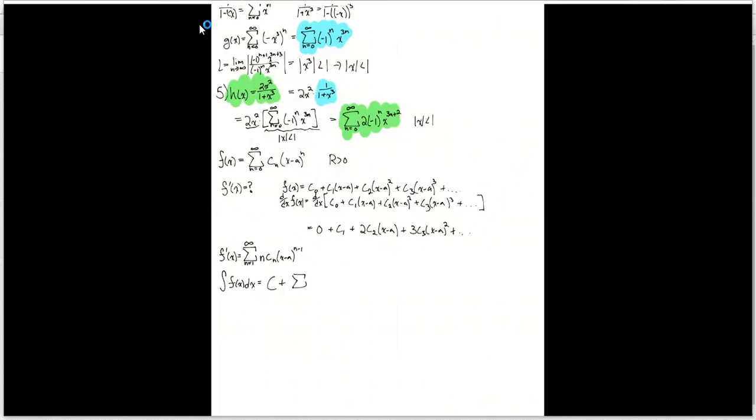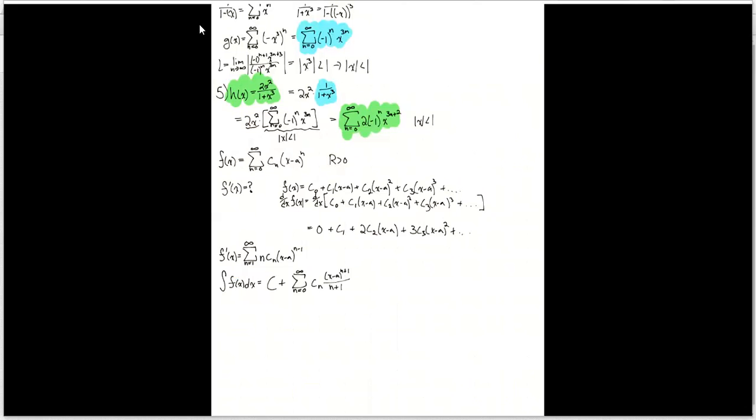Now the sum, n equals 0 to infinity, our cn's, (x minus a) to the n plus 1. And then on the bottom, we're going to have n plus 1, right? And now this is our definition for integrating a function that has a power series.